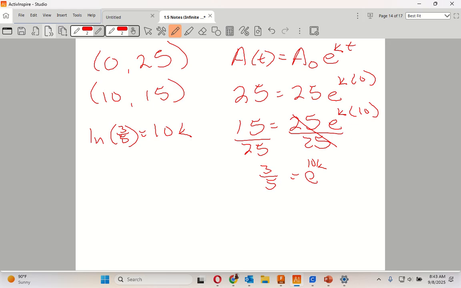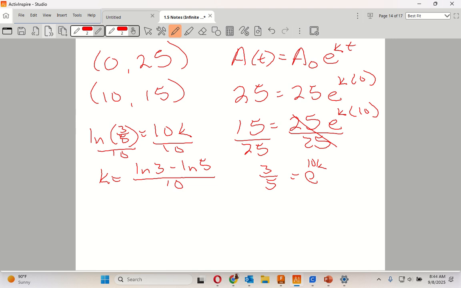Divide both sides by 10. ln 3 minus ln 5 all over 10. Do you guys recall this one right here? When I have a fraction inside an ln, I can separate it by a subtraction sign. That might be a little bit easier when entering this into the calculator to get my rate.